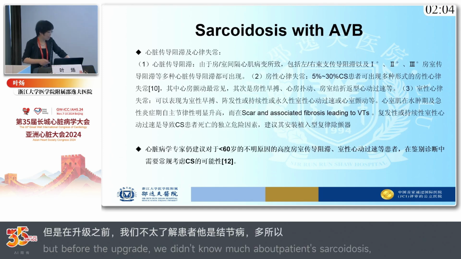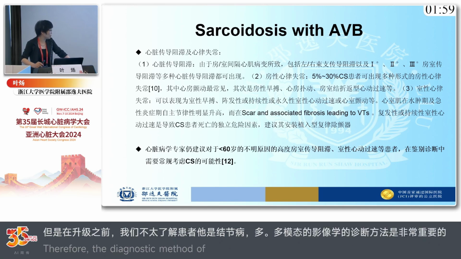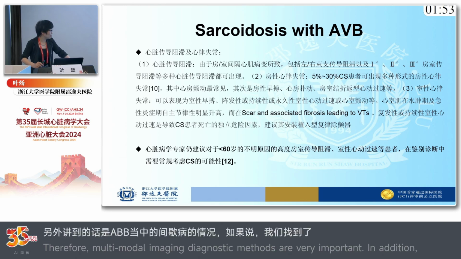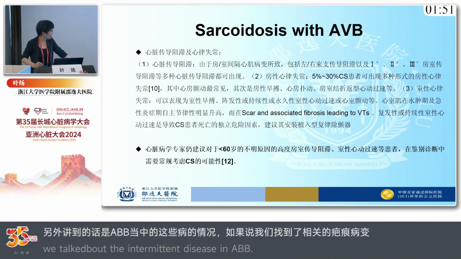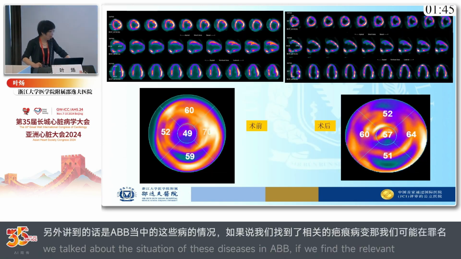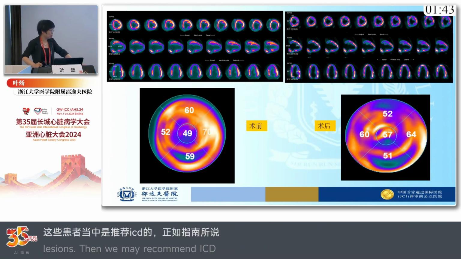And as to scar and sarcoidosis with AV block, they found scar and associated fibrosis leading to block. I mean, if the patient has a scar, we would recommend an ICD for such patients. And we also used FDG.